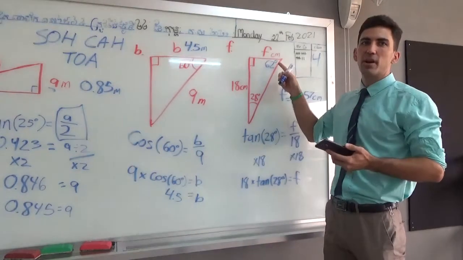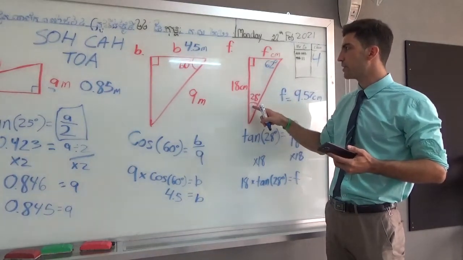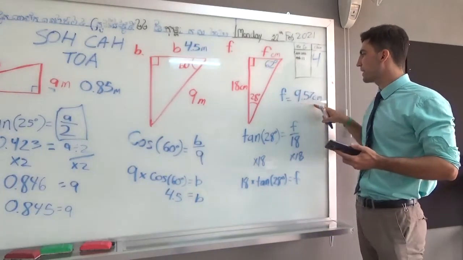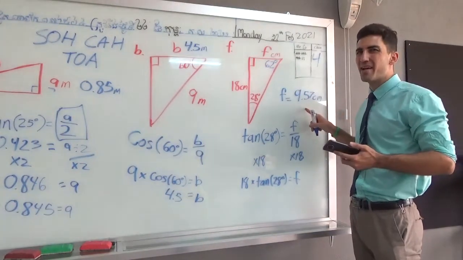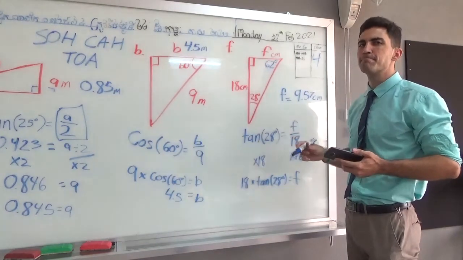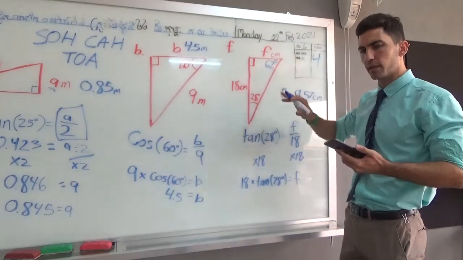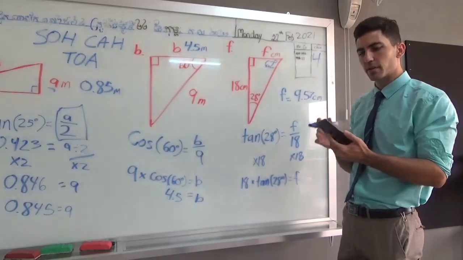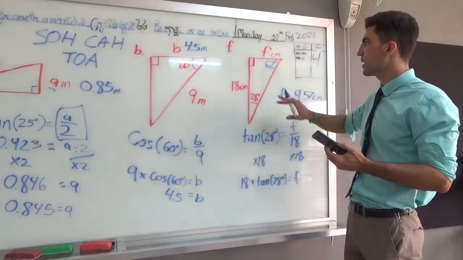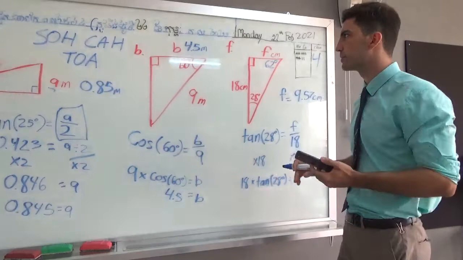Now, the bigger angle will be opposite from the bigger side, and the smaller angle will be opposite from the smaller side. So, if our f is about half as much as 18, then we know that we're pretty much in the right ballpark. We can look at our numbers and we can know that we didn't really make a big mistake. If it's about half the size, that is right about true.